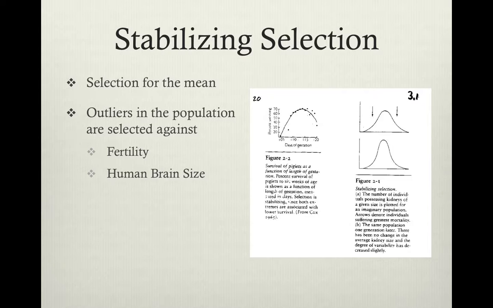And we've seen this with human populations with respect to fertility and also within a species of hominins with respect to brain size. So, what do we mean by stabilizing selection for fertility? Well, when we look at hunter-gatherer populations, people have on average 8 children. And we don't find very many individuals within the population who are able to reproduce at higher levels than about 8 to 10 offspring.